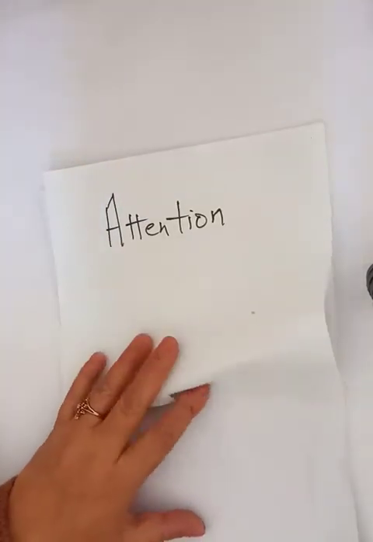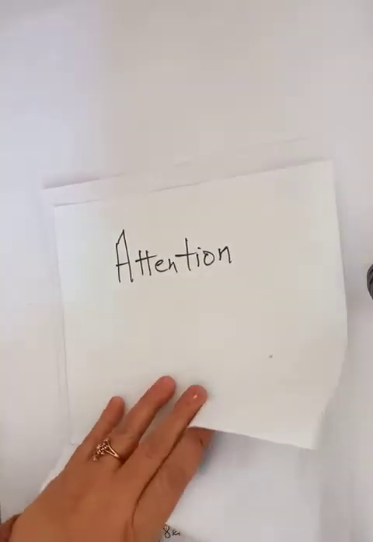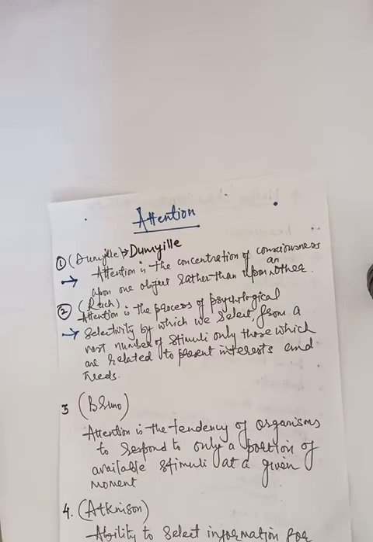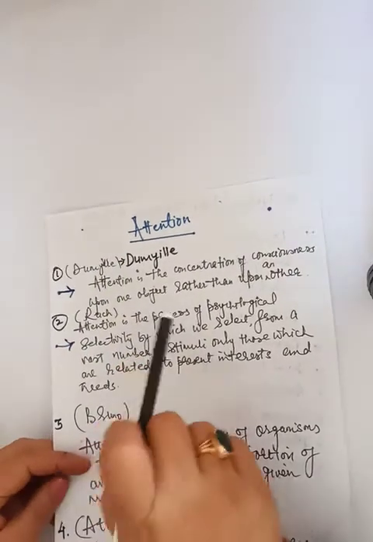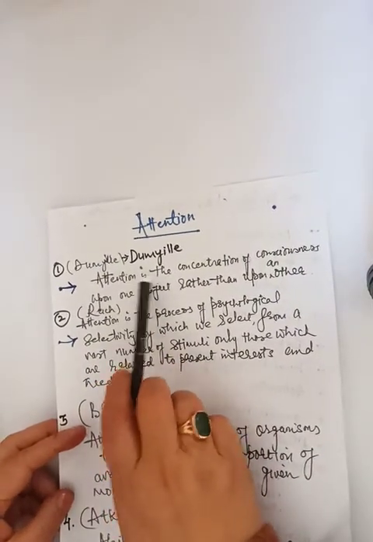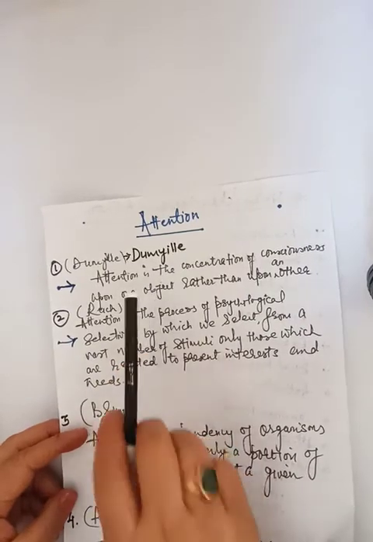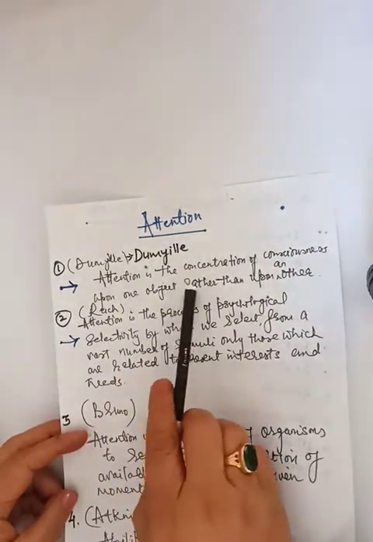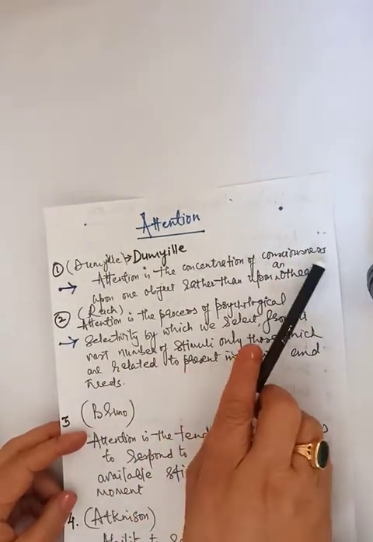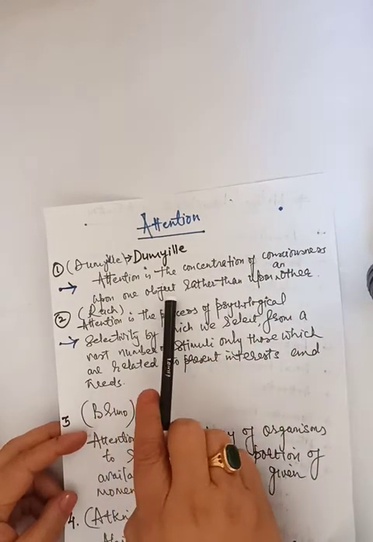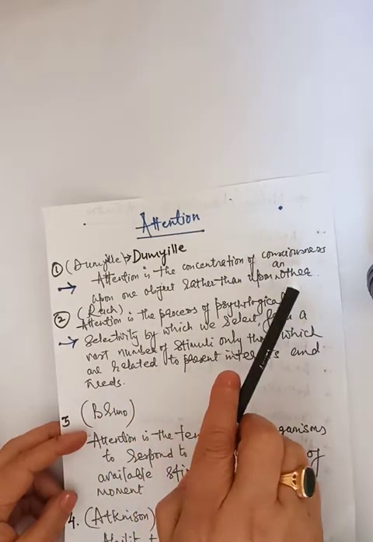Now, if we go across different definitions of attention, there are many definitions which can be discussed. A few of them we'll try to discuss here. One definition is by Damiel: Attention is the concentration of consciousness upon one object rather than upon another.